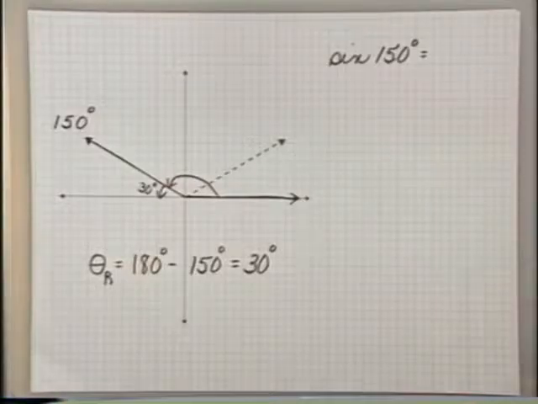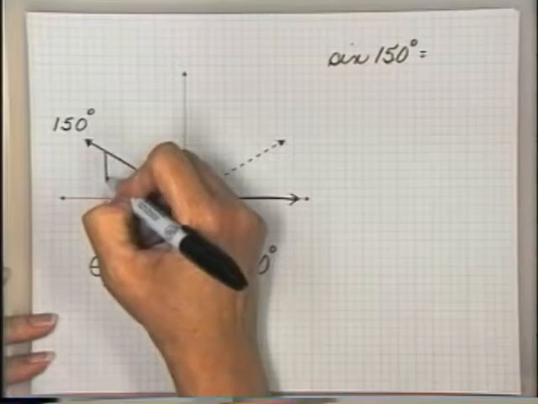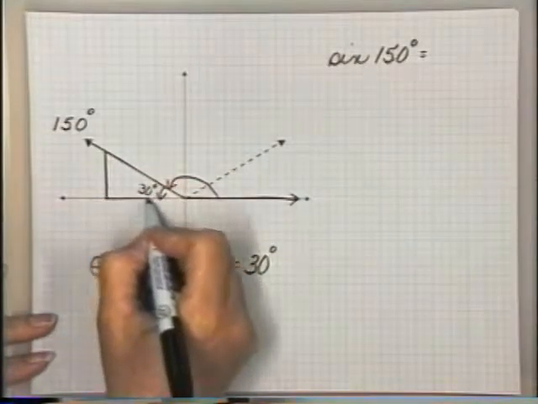So let's develop this information on the 150 degree angle. All right, here's what I'm going to do. I'm going to construct a right triangle.